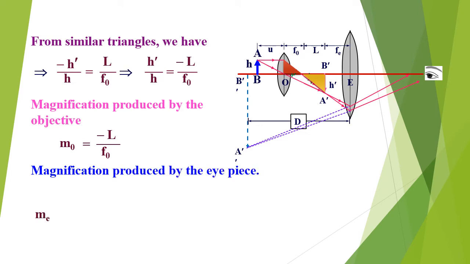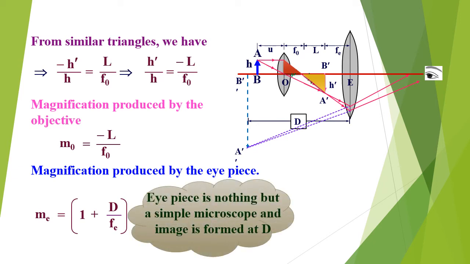Magnification produced by the eyepiece, that is ME, is equal to 1 plus D divided by FE, because already in the previous case, for the single lens, we studied the same formula, and we are using it here for the eyepiece. Eyepiece is nothing but a simple microscope and the image is formed at D. Total magnification M is equal to M naught into ME.